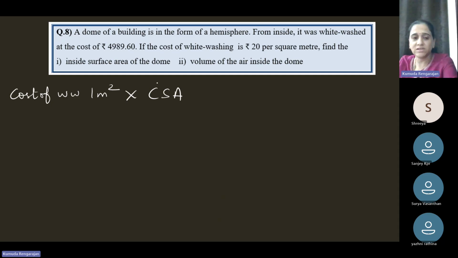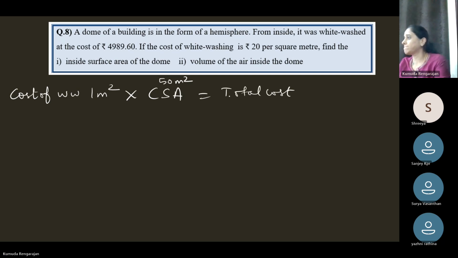Like if the curved surface area is say some 50 meters square, the cost of whitewashing 1 meter square into 50 meters square will be the total cost, right? Whatever is the cost for whitewashing 1 meter square, that into the curved surface area will be the total cost.